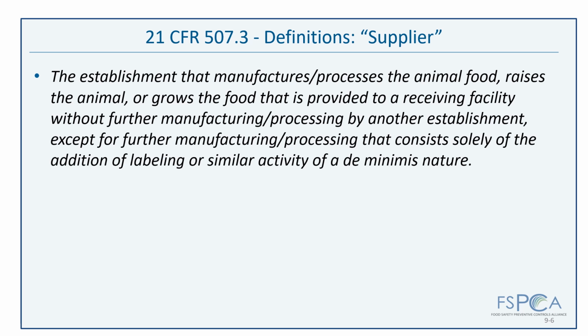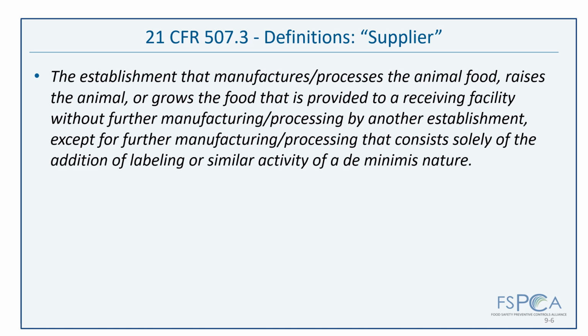to that animal food. Okay, in the definitions section of the regulation, which is 507.3, there is a definition of manufacturing and processing, or manufacturers/processes, and it gives you a list of all of the activities that are considered manufacturing and processing.